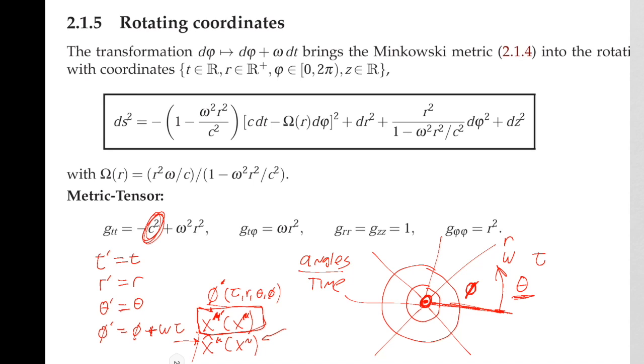But if c was set to be 1, it's still no problem. It's just the angular velocity would now be, instead of radians per second, radians per meter, where meter is the measure of time, because c equals 1. So just keep that in mind.